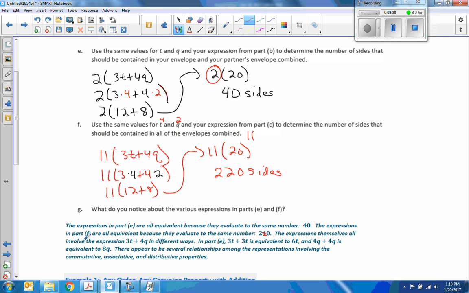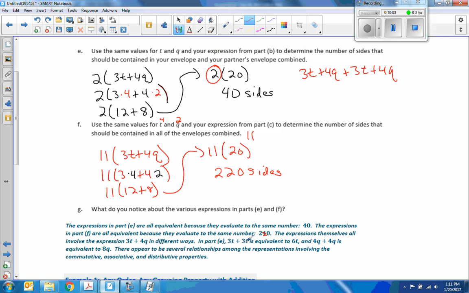The expressions themselves all involve the expression 3t plus 4q in different ways. In part E, 3t plus 3t is equivalent to 6t. Okay, I didn't show it that way, but we could have done it this way as well. So part E, instead of doing it this way, what they're saying is we could have had 3t plus 4q plus 3t plus 4q instead of 2 times them.